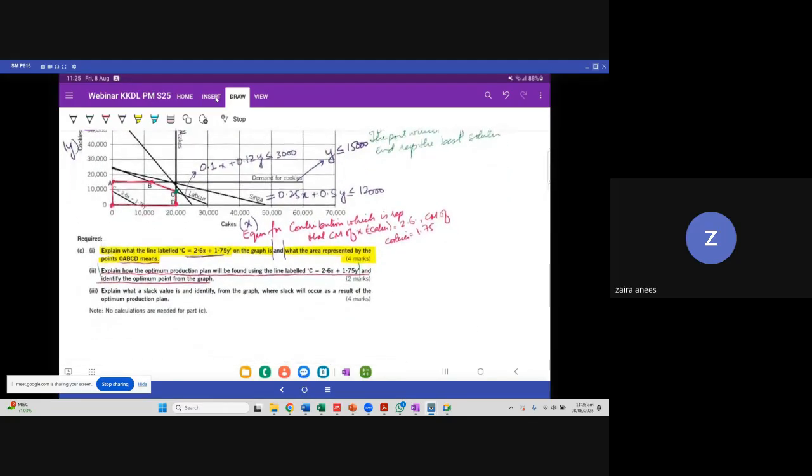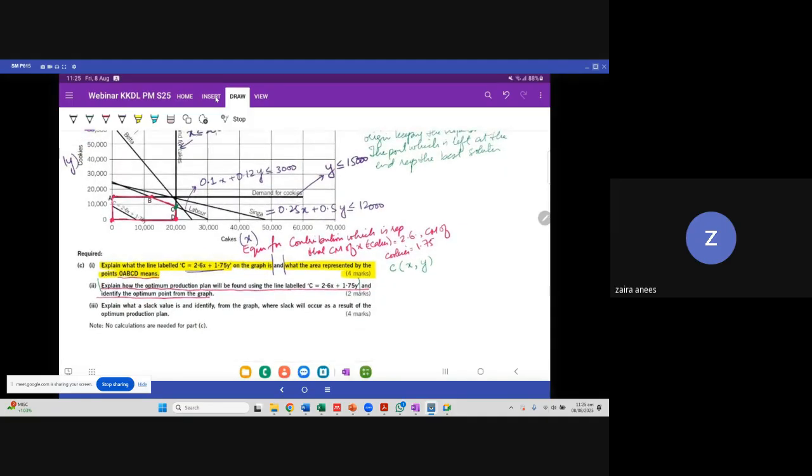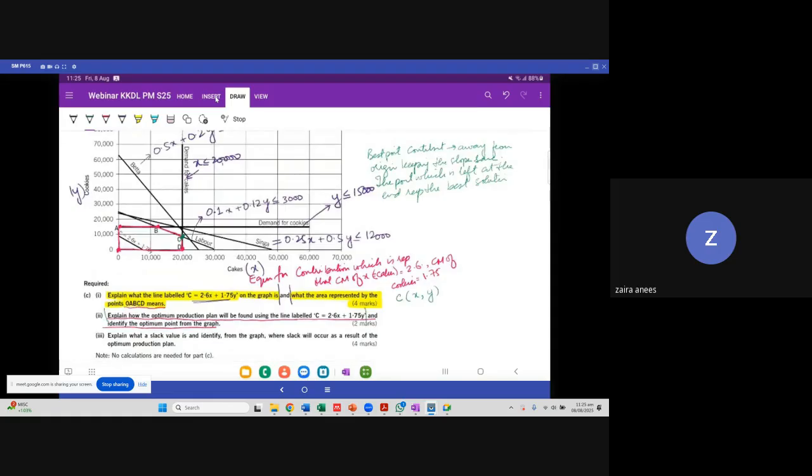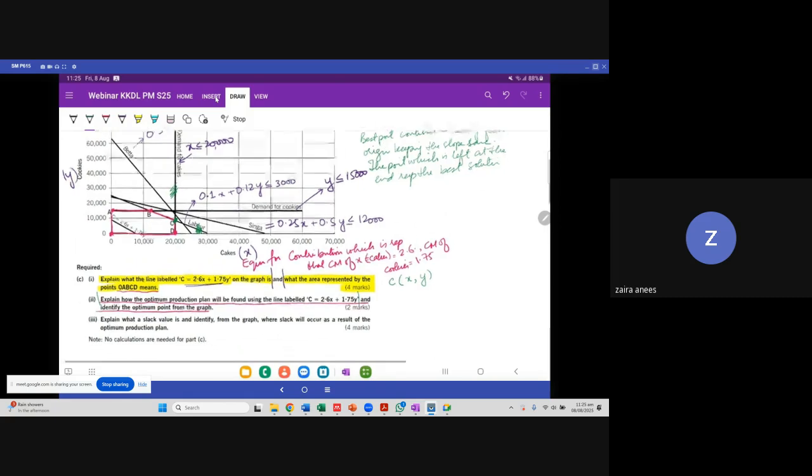So if someone asks what the values of x and y are at this particular point, how can you calculate them? You have to understand which lines are actually making this point. There are two lines. Basically, the first line is of labor and the second line is of cakes, right? Labor and cakes are making this point.